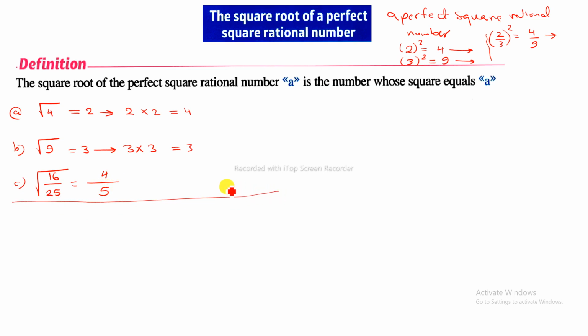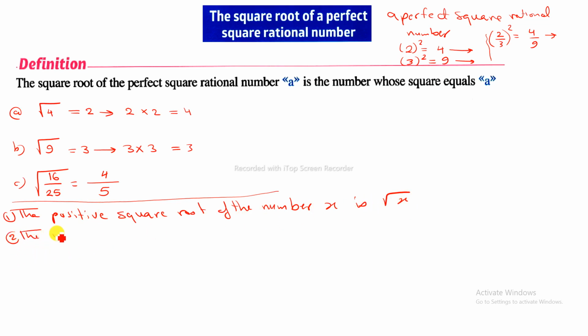في بقى حاجة اسمها ايه؟ positive square root of a rational number و negative square root of a rational number. The positive square root of the number x is square root x. هنا positive يعني. نشوف بعد كده ايه the negative square root of the number x.